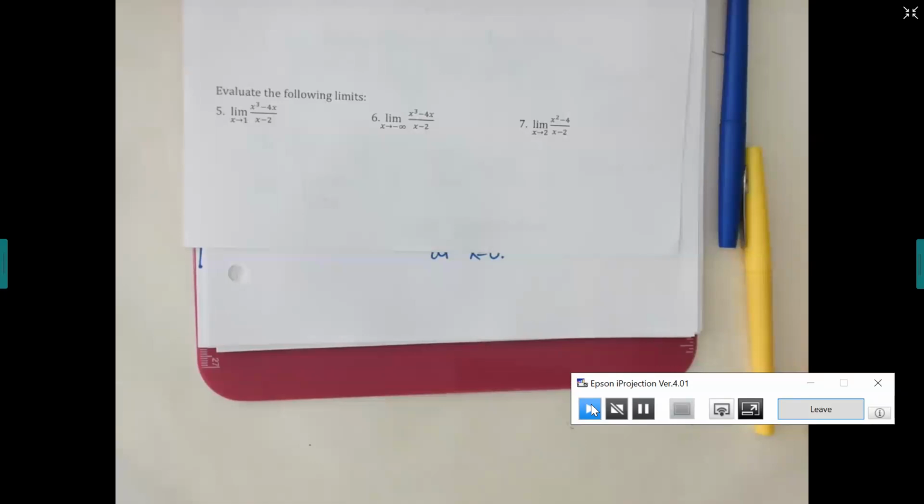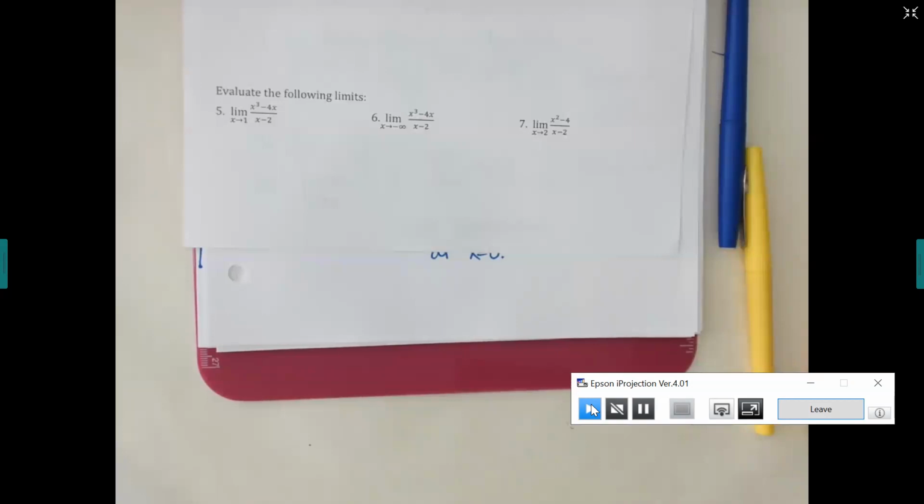Now, what if the limit's to infinity? Do you remember you do Boba, Bot, and Betsy? So if X is going to infinity, it's your Boba, Bot, and Betsy rules. If X is going to a number, you're going to try to plug it in. And if you can't plug it in, you're going to try to do more. Okay? All right, raise your hand if you need help.